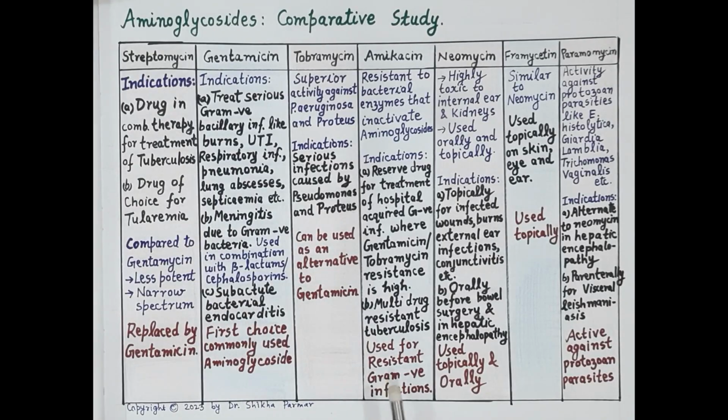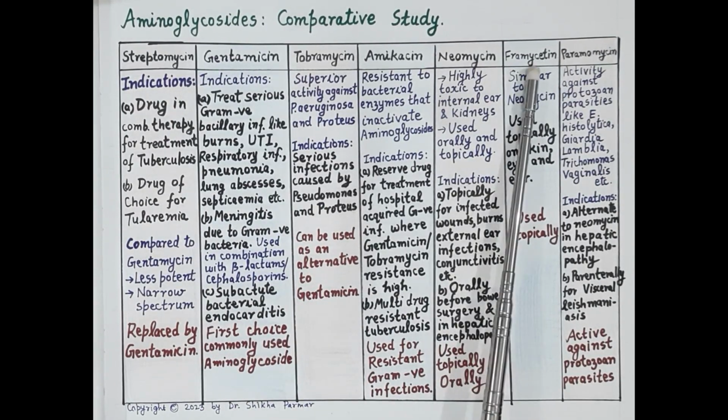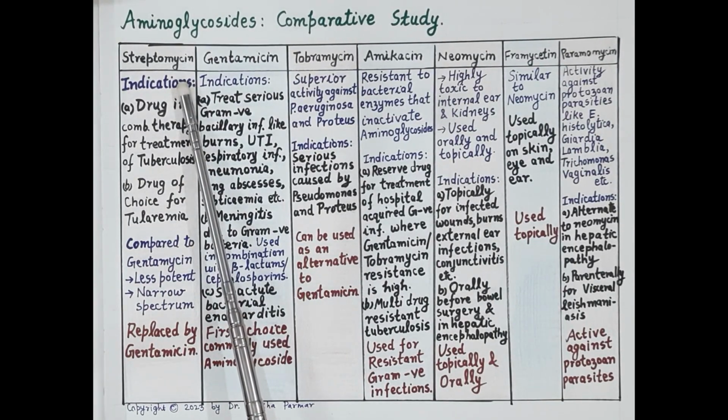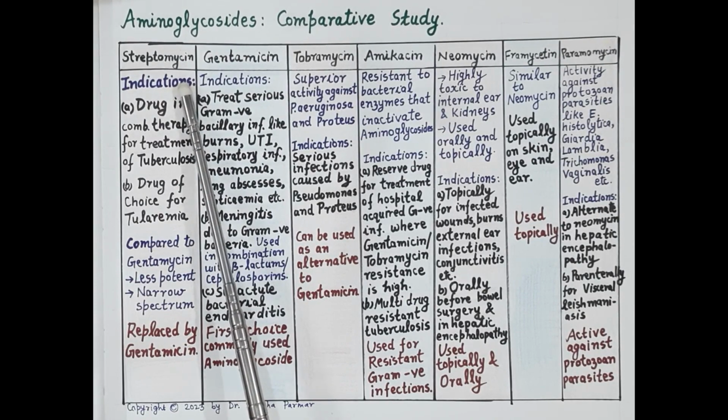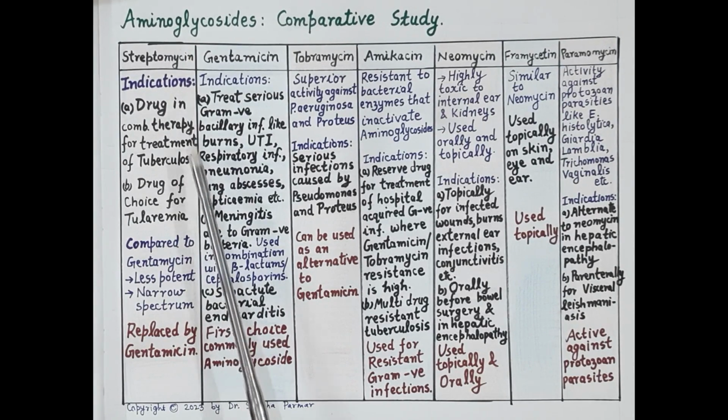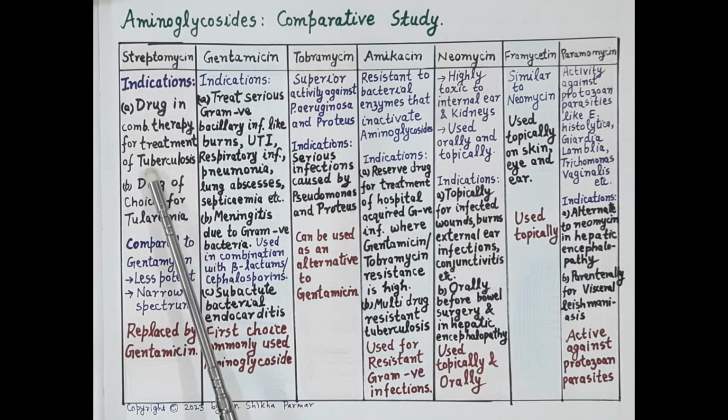Now, look at this chart. This chart gives a comparative study of aminoglycoside antibiotics. First is streptomycin, the oldest aminoglycoside. Let's see the indications or uses of streptomycin. Streptomycin is used as one of the drugs in combination therapy for the treatment of tuberculosis.